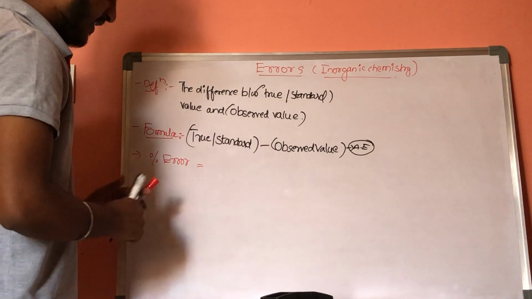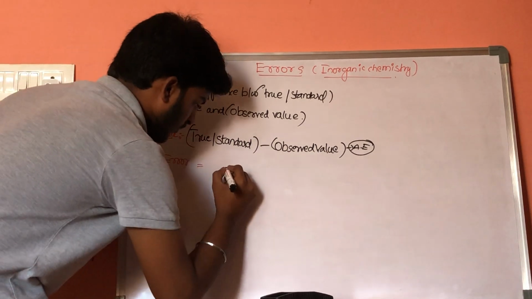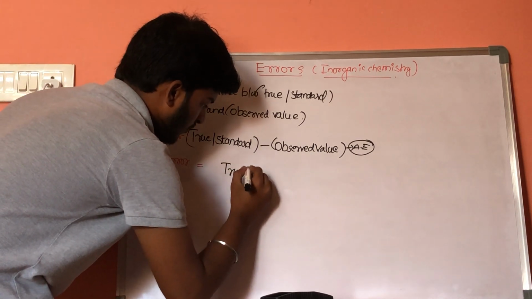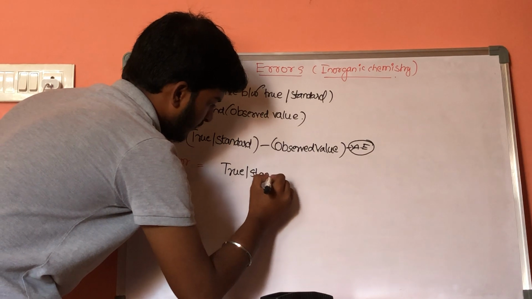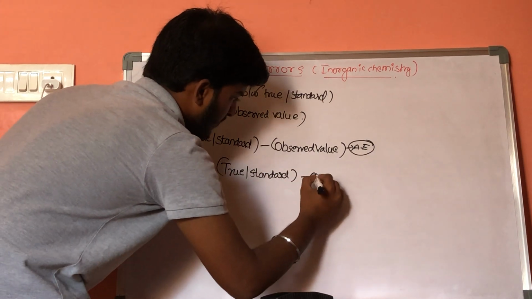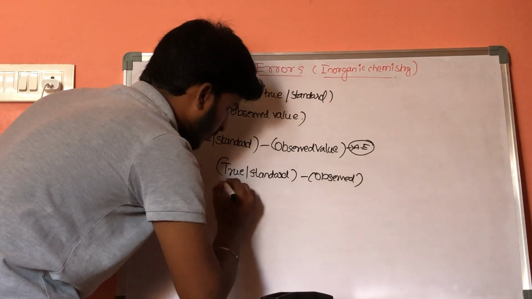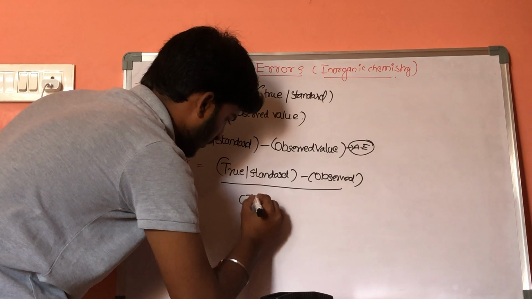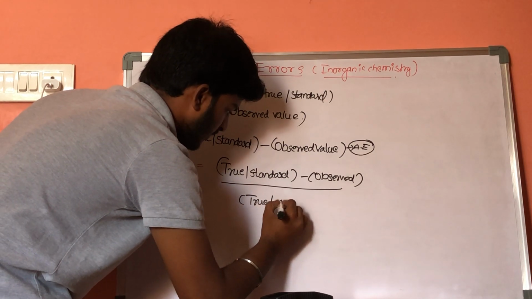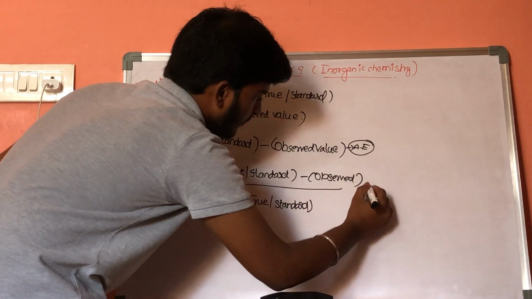Now coming to the percentage error. The percentage error formula is true or standard value minus observed value, whole divided by true or standard value, into 100.